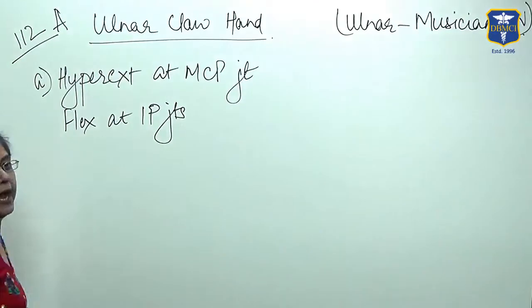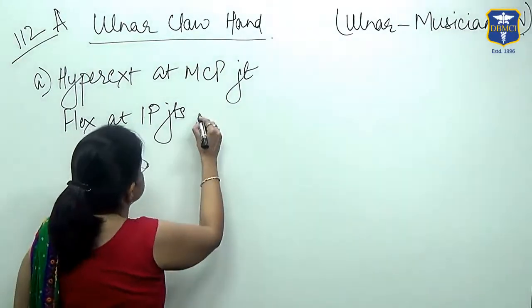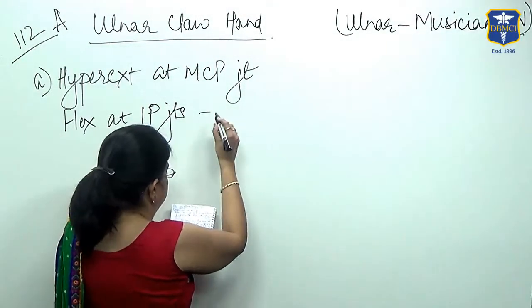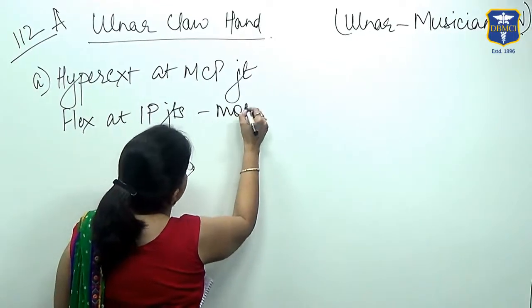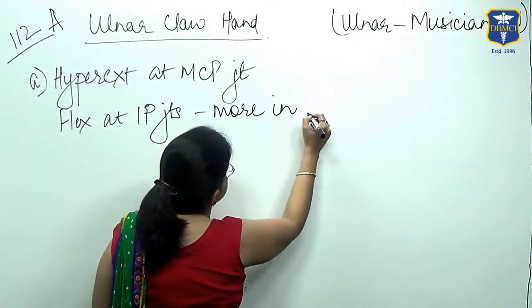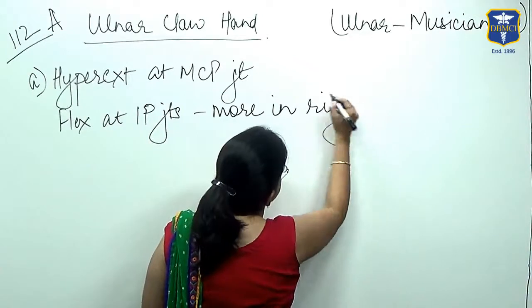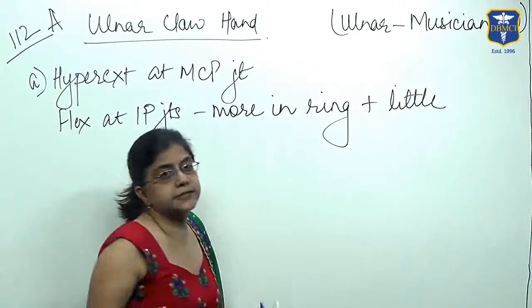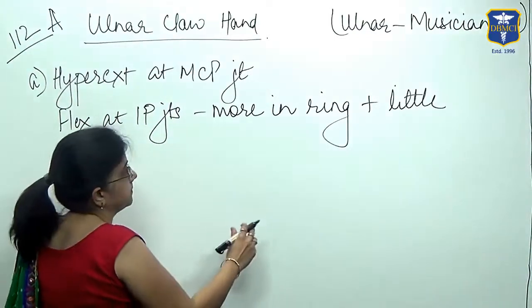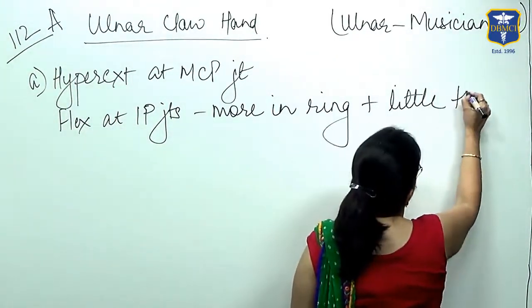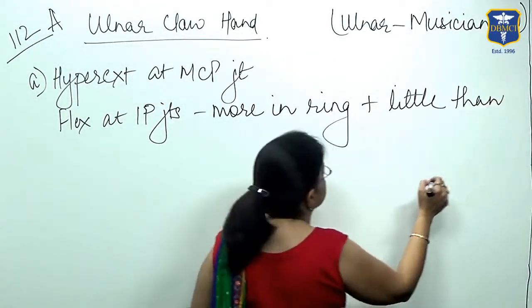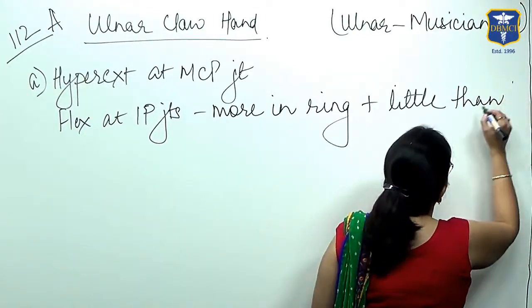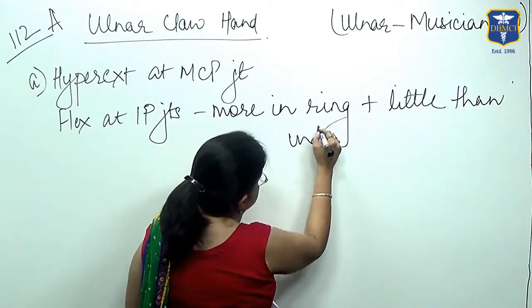This flexion at interphalangeal joints is more in the ring and little fingers than in the index and middle fingers.